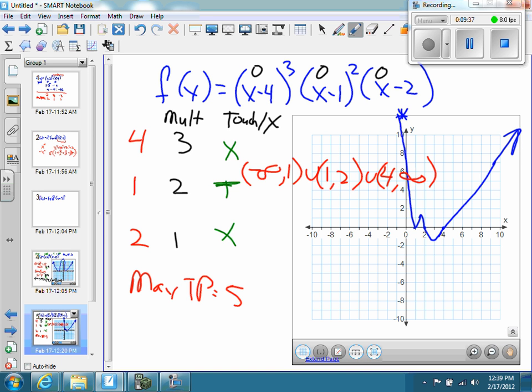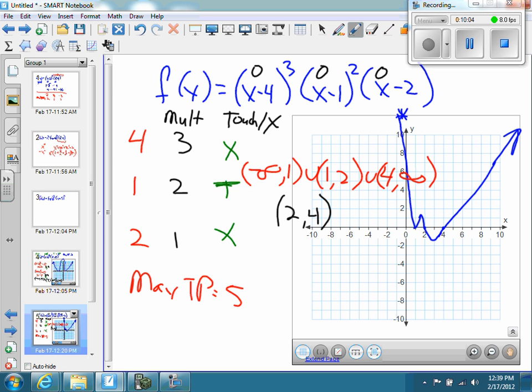So Nicole, what is our interval for where it is below the x-axis? 2, 4. I don't think there's any place else that it's below. There are some spots where it is equal to zero.